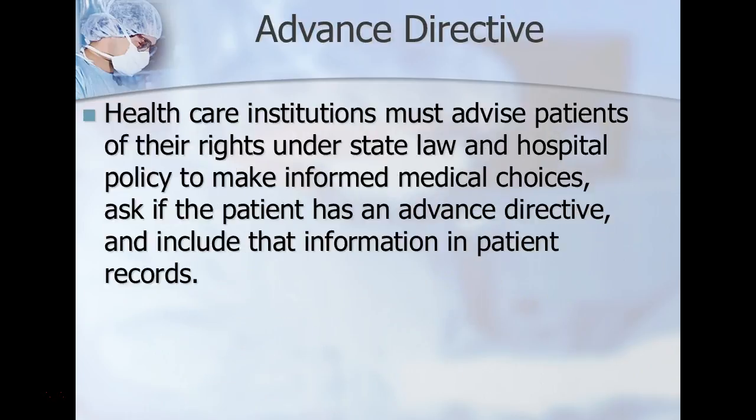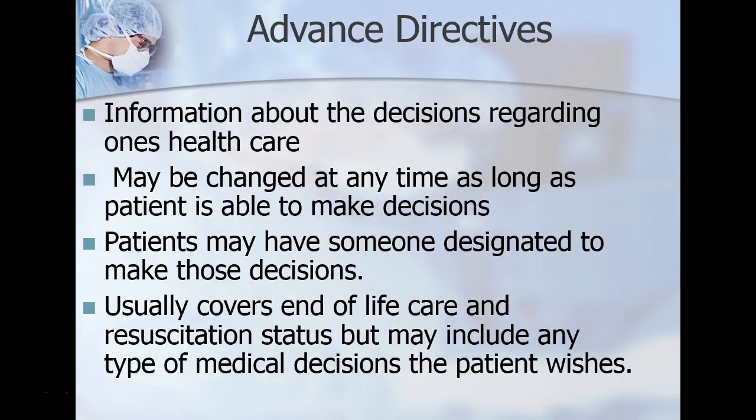Healthcare institutions have to advise patients of their rights under state laws to have an advance directive, and give them the paperwork in order to make advance directives when they come into any hospital or healthcare facility. Information about the decision regarding one's health is on there, and it can be changed at any time as long as the patient is considered legally able to make their decisions.